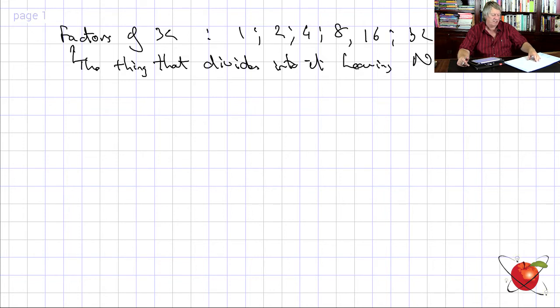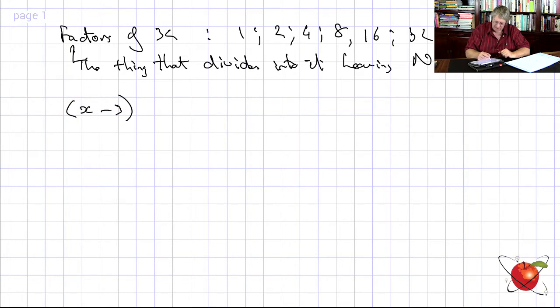So let's have a look at this situation here. You remember we multiplied out two brackets. Let's say we did x minus 3 and x plus 2. Let's multiply this out as we did previously.